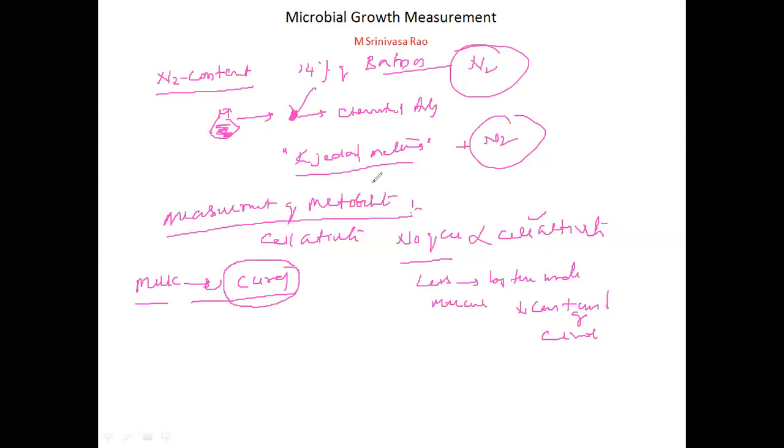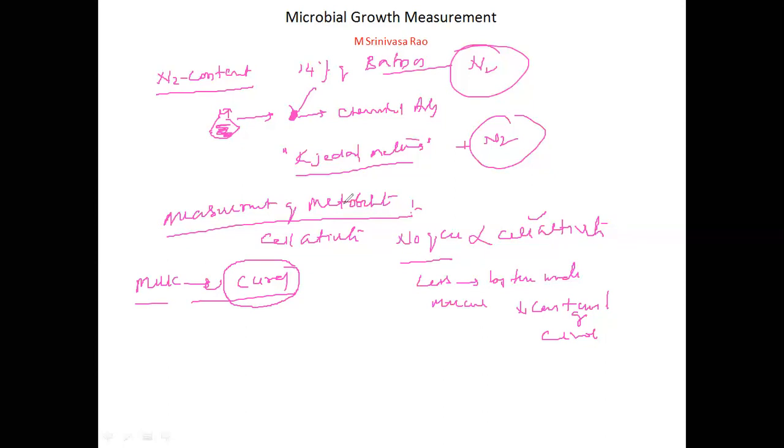So, measurement of metabolite. Like this, we have turbidometry, dry weight estimation, ATP bioluminometry, measuring the nitrogen content, and estimating the cell activity. These are some of the indirect methods through which we can measure microbial growth.